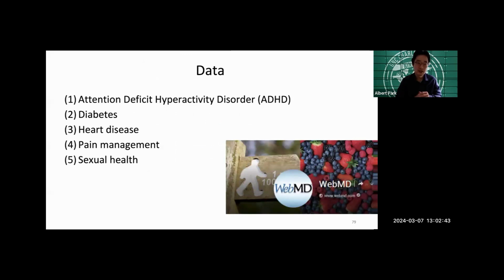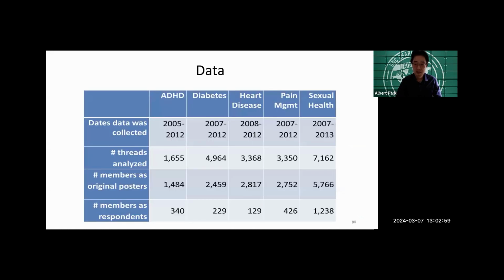To examine this, I collected data from WebMD, from these 5 communities: ADHD, diabetes, heart disease, pain management, and sexual health. They're sizable data sets, but a lot smaller than the Reddit data set.